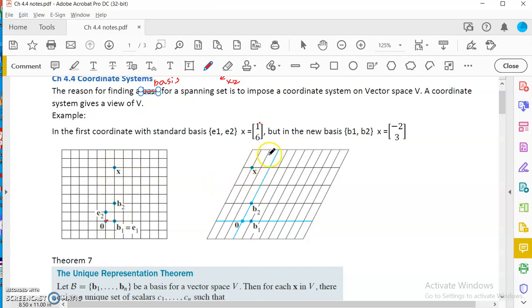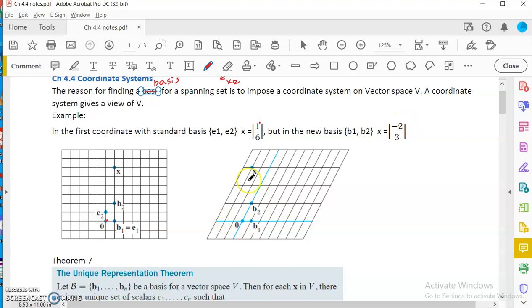I can actually impose another basis, B1, B2. B2 is kind of longer, and B1 is almost the same as E1. You can see x and B2 are on top of each other vertically. But once I plot this new coordinate system, x becomes -2 away from the origin, and then one above, so the new coordinate for x is (-2, 3).